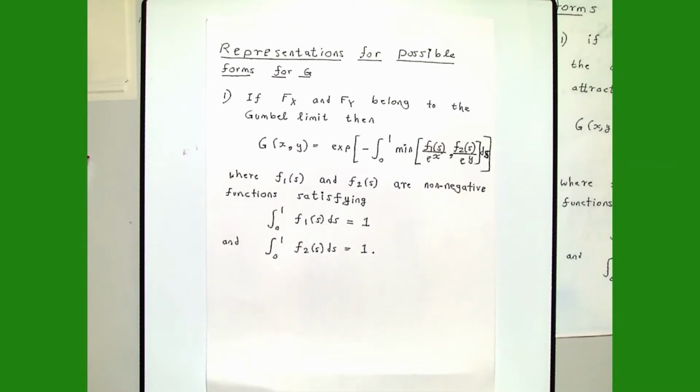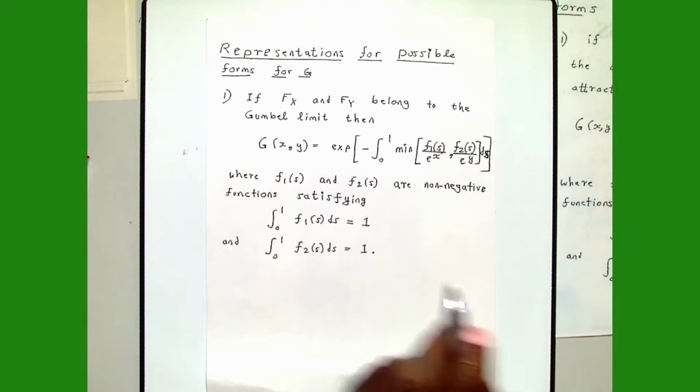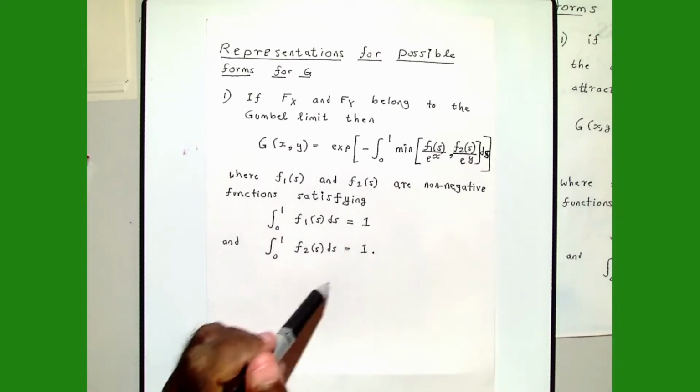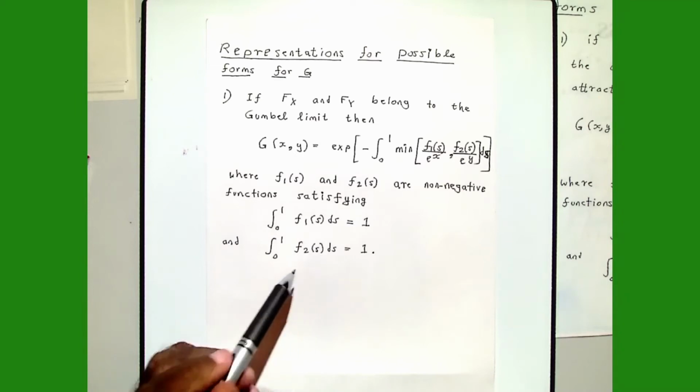So this is the first representation, which says that if the marginal distributions of the data belong to the Gumbel limit, then all possible forms for G can be expressed in this form, where f1 and f2 must satisfy these 2 conditions, right?